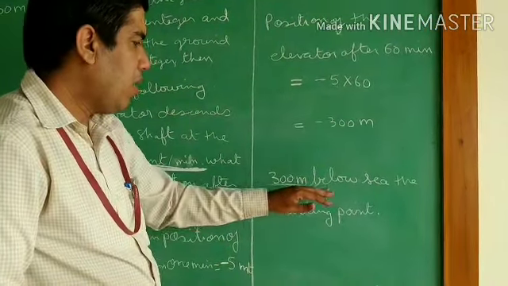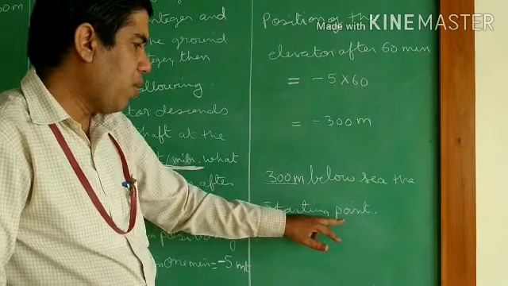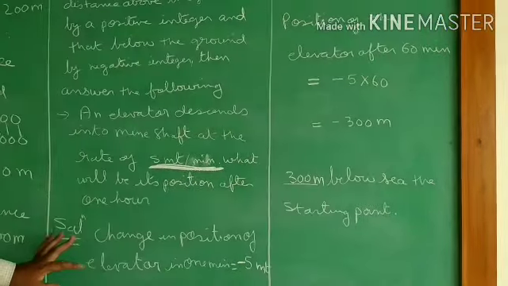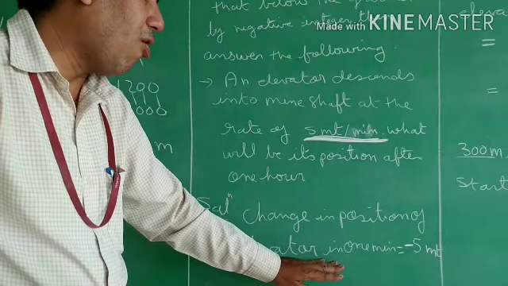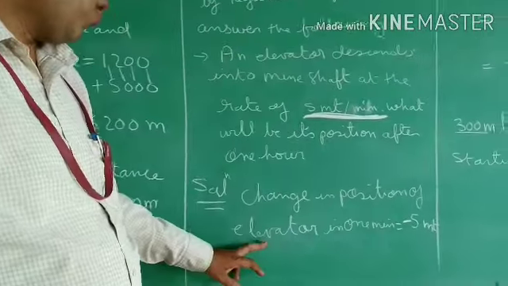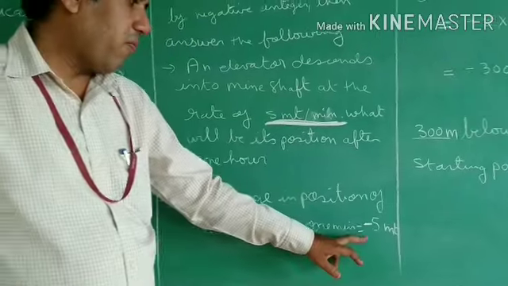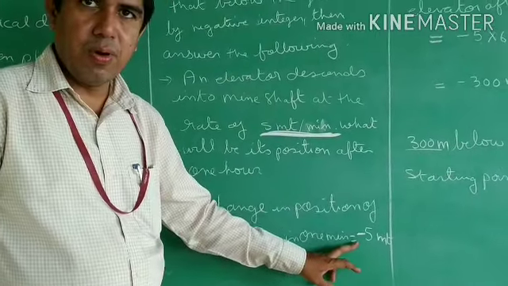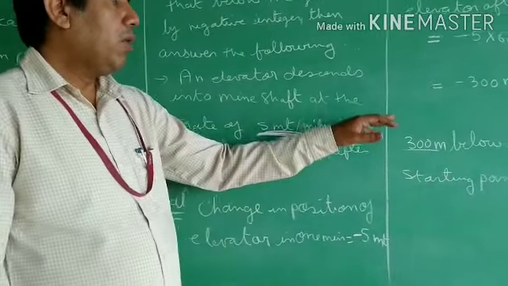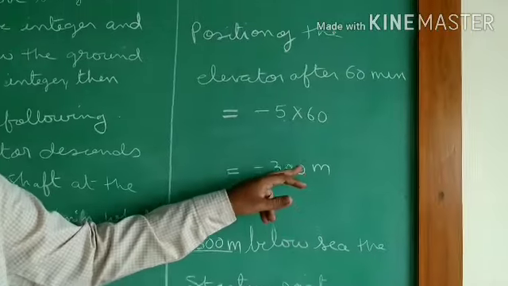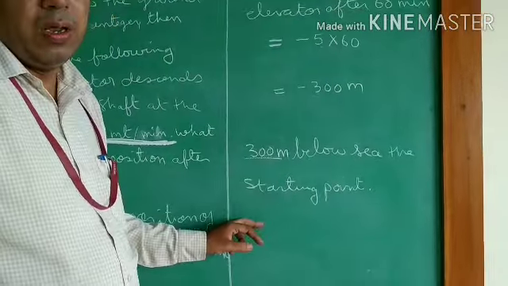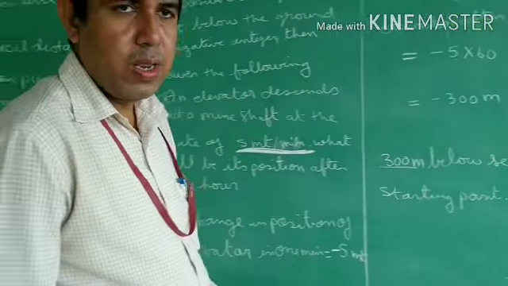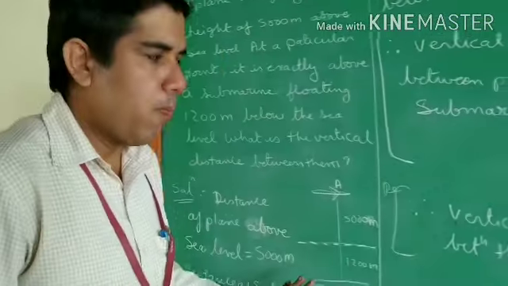Change in position of the elevator in 1 minute is 5 meters, negative because it is going down, and the answer comes minus 300 meters. The answer is 300 meters below sea level. This question completes here, and this exercise also completes here.